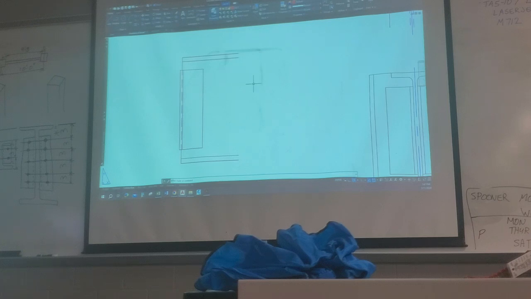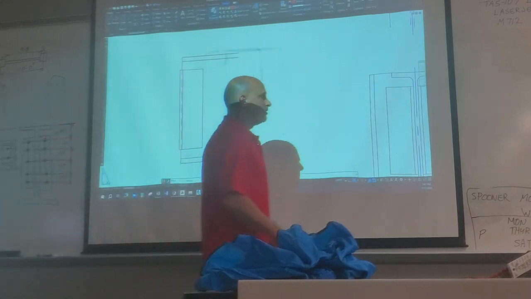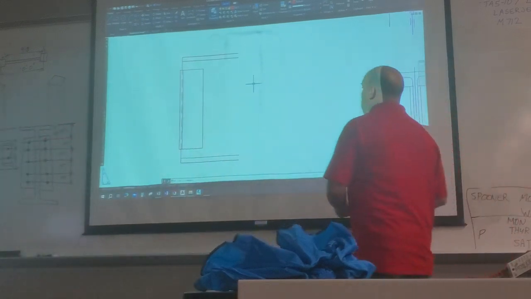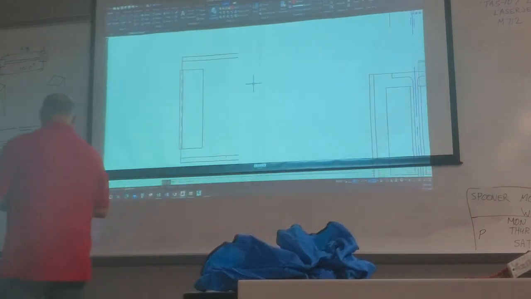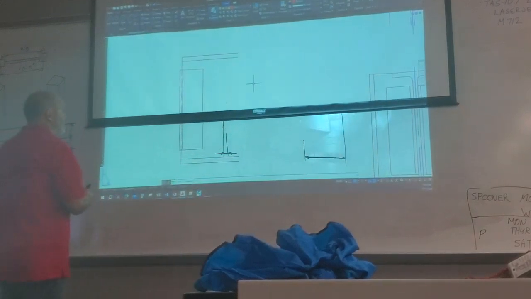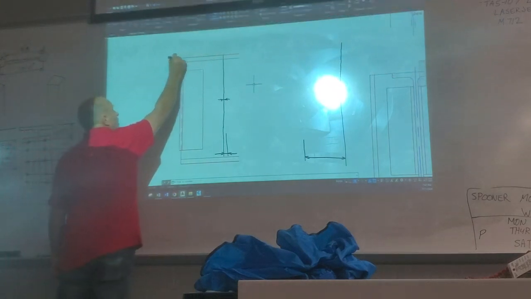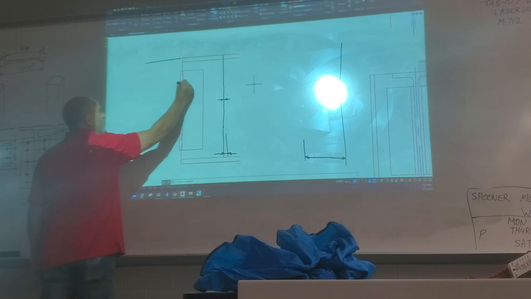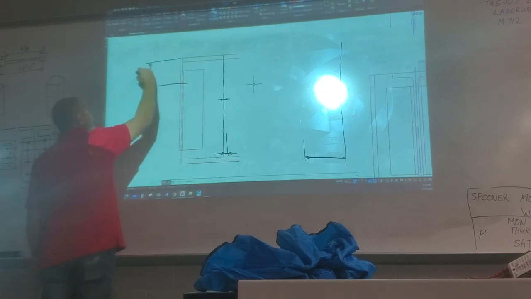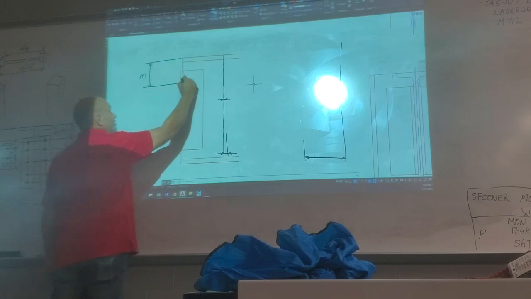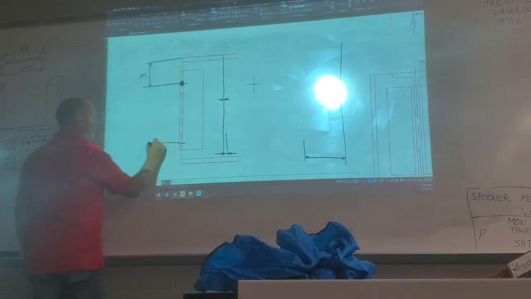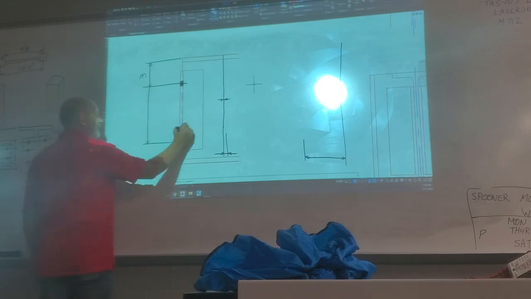So what you've got there is kind of like what I have here. You've got a beam, and it says from the top of that beam down to the first row of holes, and I gave you that dimension of 3 inches. And then I came down here and I said, all right, here's the last hole. And I did not give you a measurement.